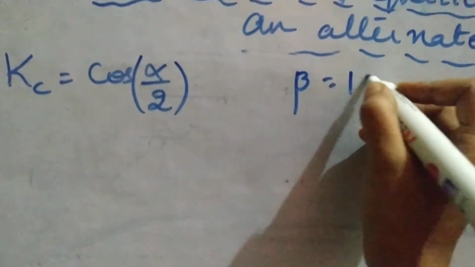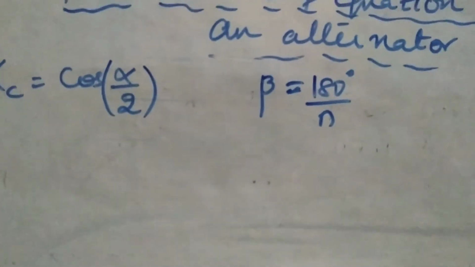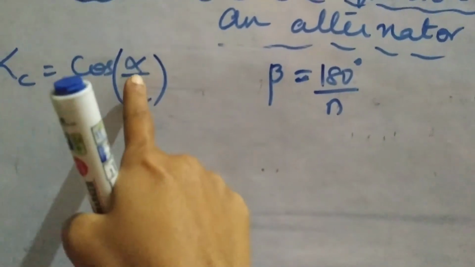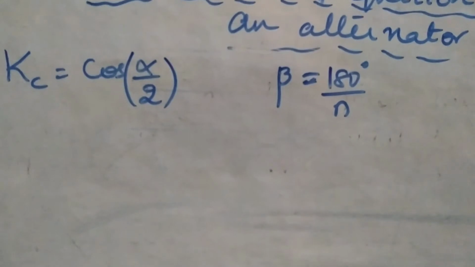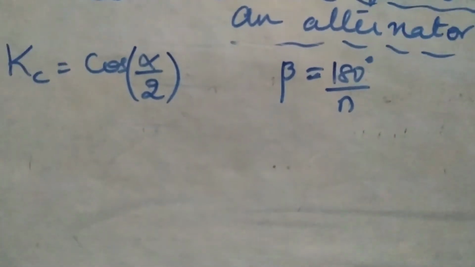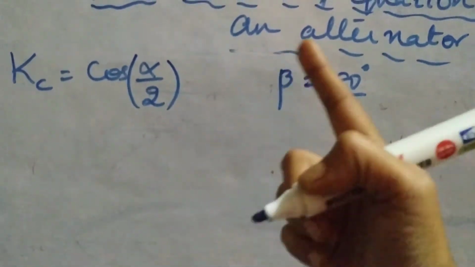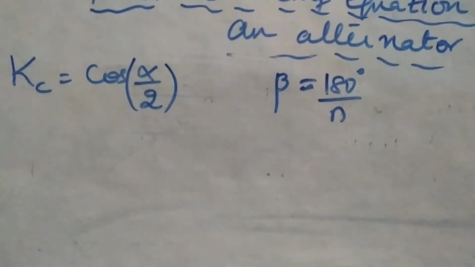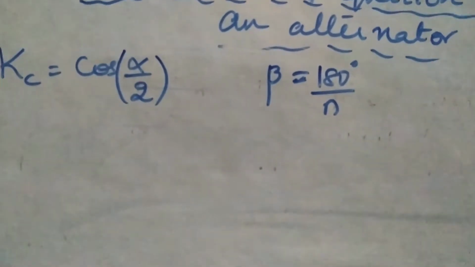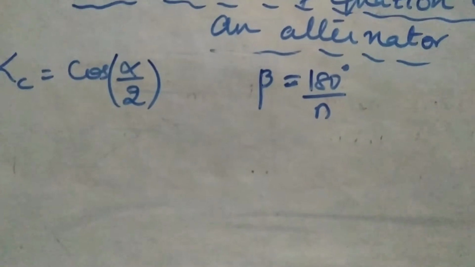Beta is nothing but 180 degrees divided by n. If you know the beta value, then we can substitute it in alpha. Here we use it only one time, because it is short pitch by only 1 slot. If it is short pitch by 2 slots, whatever beta you get, we need to multiply by 2 to get the value of alpha. Right now it is short pitched by only 1 slot, so whatever beta value you get, the same value you substitute in alpha.